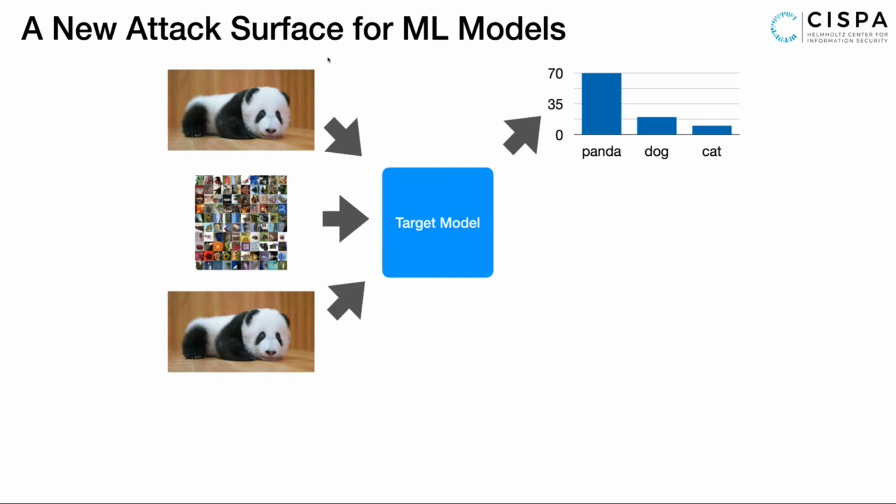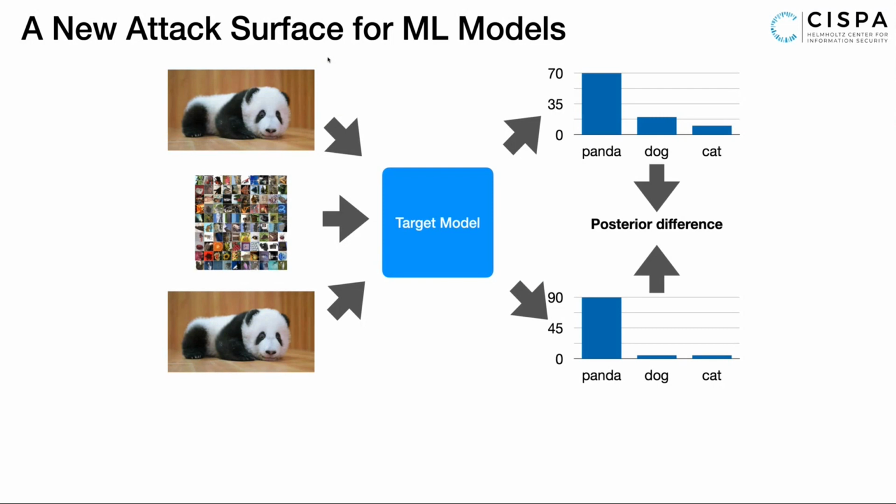Tomorrow morning, if the attacker, or if I, use the exact same image as yesterday to query the target model, I will definitely get a different posterior, because my target model is updated. And it is updated because of this new data set, which means for the same image, with two versions of the model, I will have different results. And this different result is only caused by the data set that is used to update the target model.